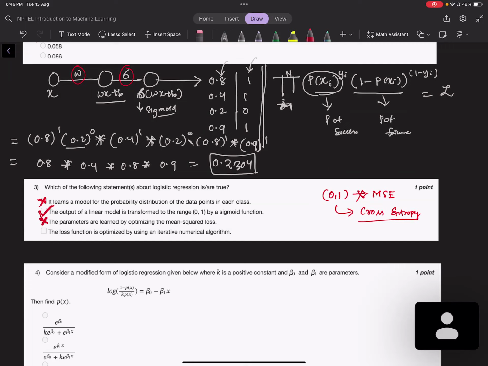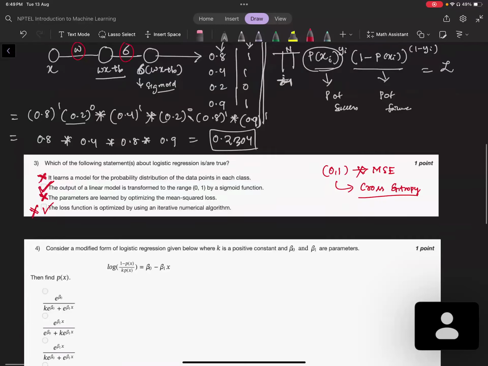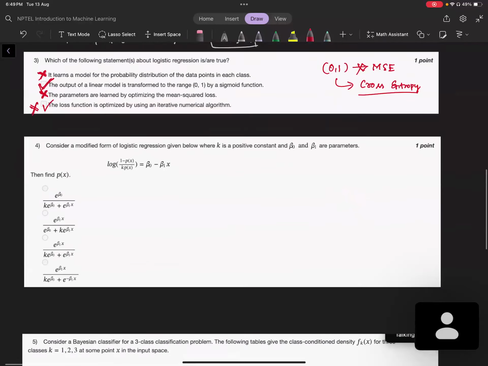Maybe some variation of numerical algorithm can be used, but not all numerical algorithms can be used to solve this problem. If you consider some of the numerical algorithms, then it's fine, but all of them cannot be used to solve logistic regression problems. So the solution is correct, but technically it should be wrong. But yeah, the benefit of the doubt should be given to the students, I mean, the person who didn't frame the question.